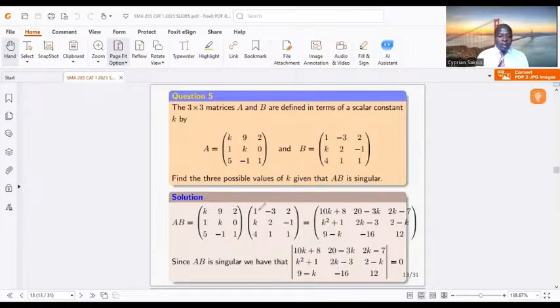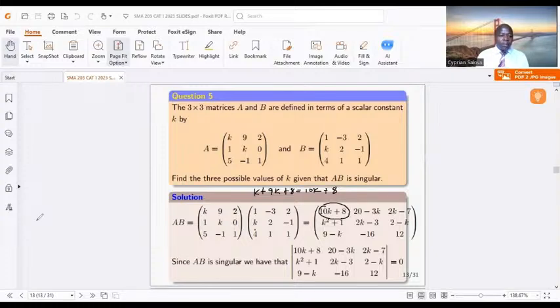K times 1 will be K, plus 9 times K, which is 9K, plus 2 times 4, which is 8. And that gives me 10K plus 8 as the first element here.